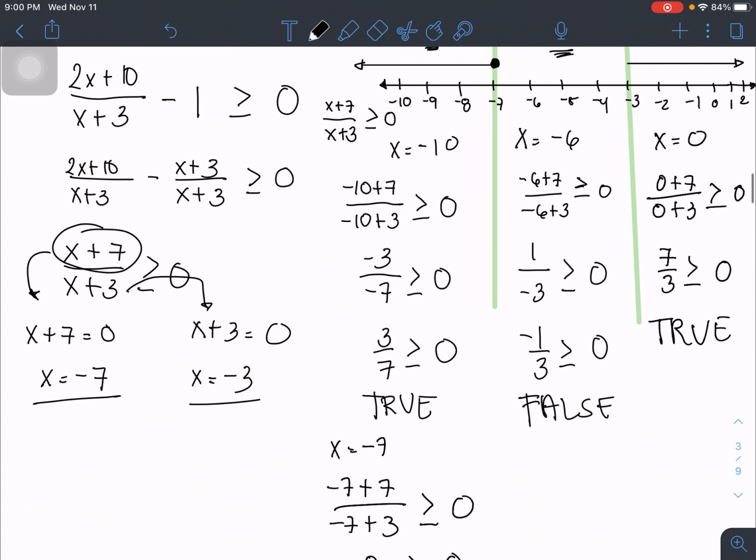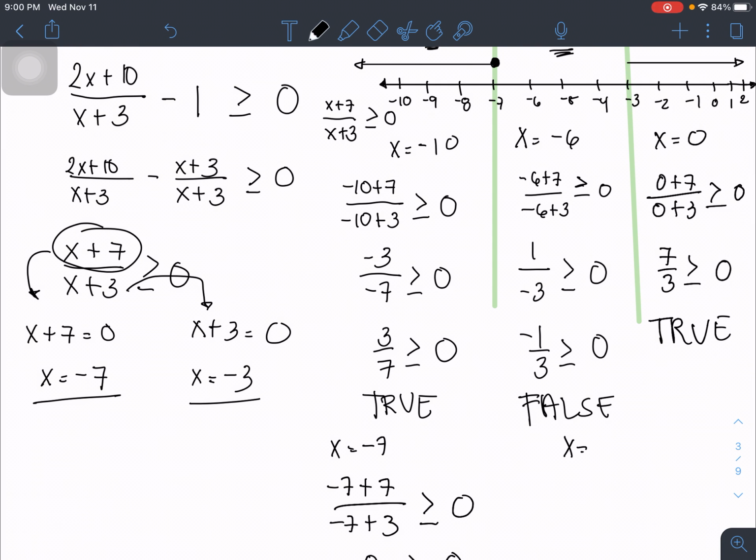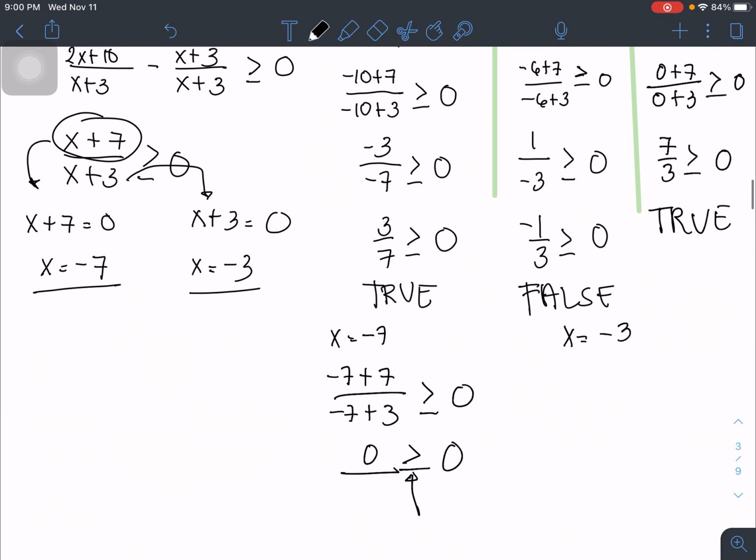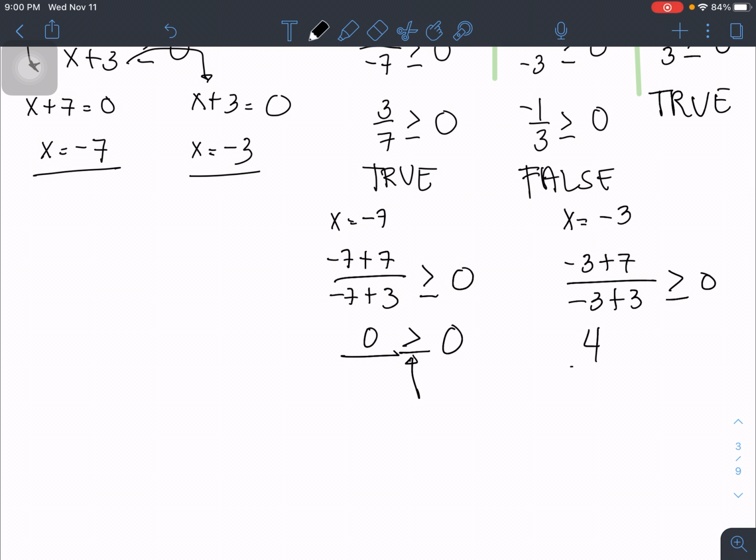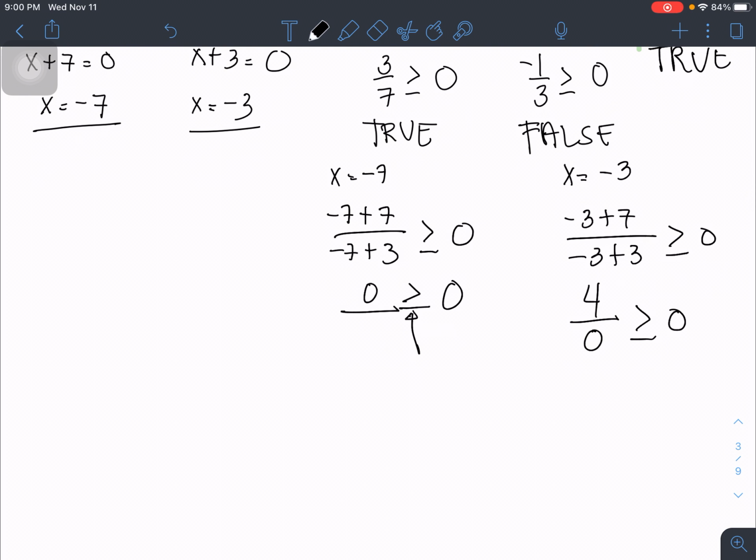Okay? And next is x is equal to negative 3. If x is equal to negative 3, this will be negative 3 plus 7 over negative 3 plus 3 greater than or equal to 0. This will be 4 over negative 3 plus 3, which is 0. And apparently, you cannot divide a number by 0, which will cause you to arrive at an undefined answer.